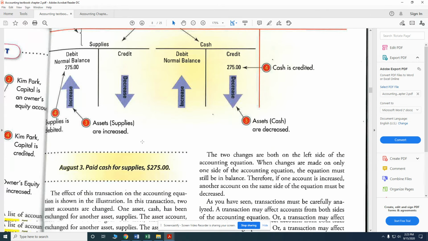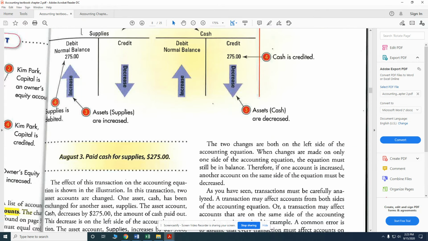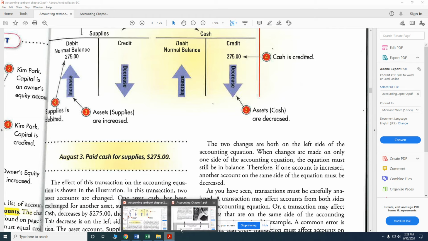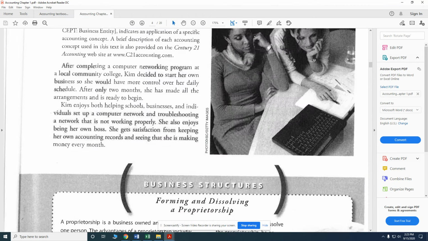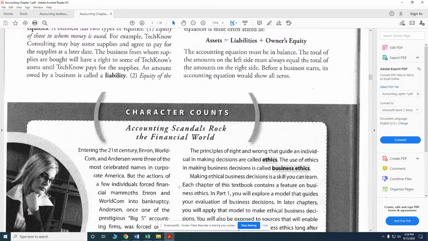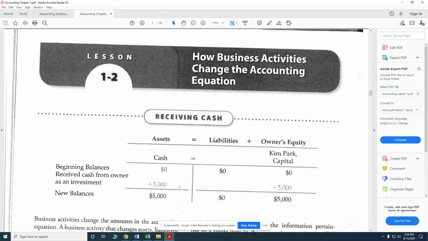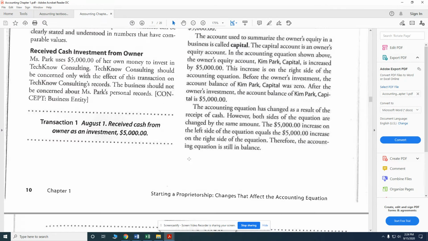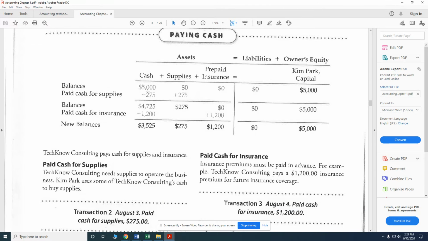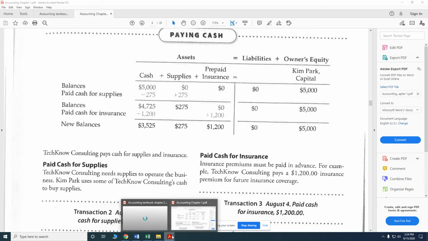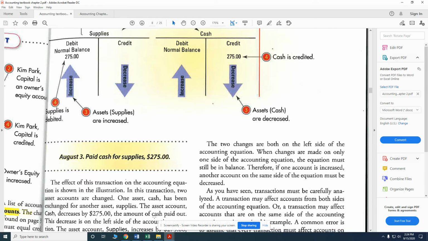Paid cash for supplies, $275. So in chapter 1, it looked like this with the pluses and minuses, right? So paying cash for supplies, you did a minus to cash and plus to supplies. One asset decreased, one asset increased. But now we're adding debits and credits.